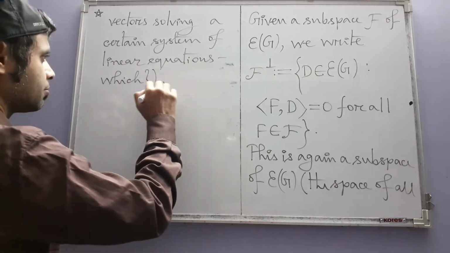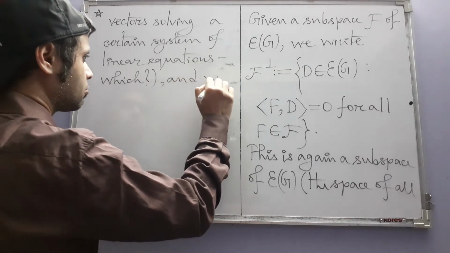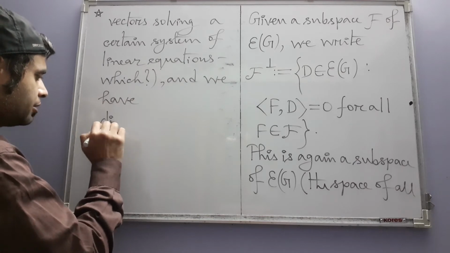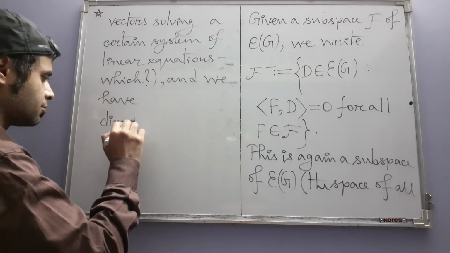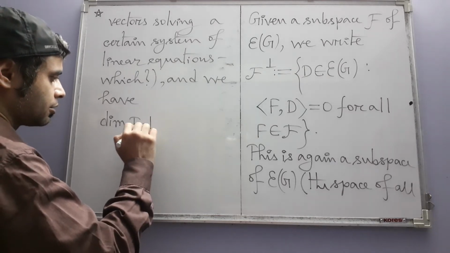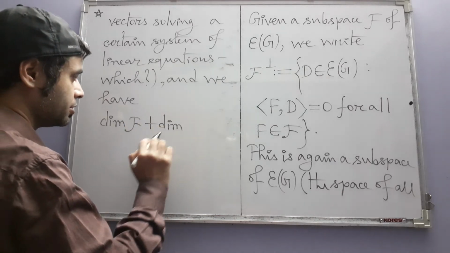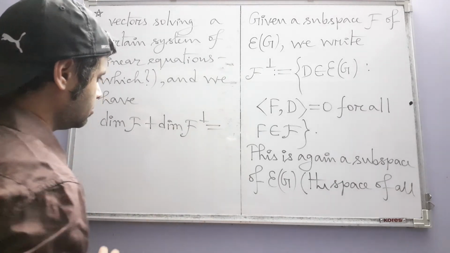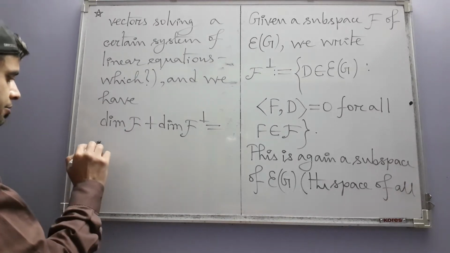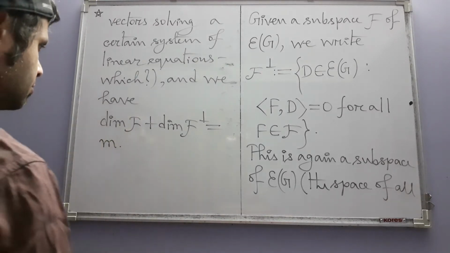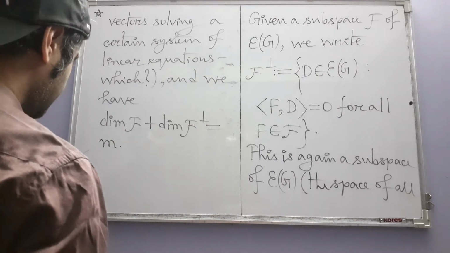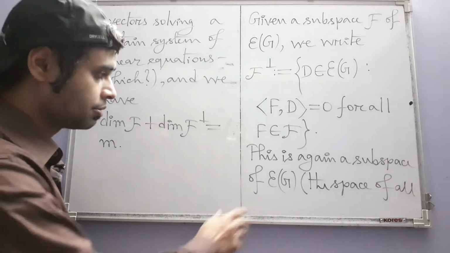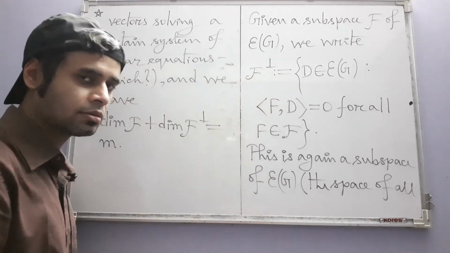And we also have this familiar thing from linear algebra. That same thing here also is true. Namely, the dimension of F plus the dimension of this thing is equal to the dimension of the edge space, that is M. Now you can in fact understand precisely what this space is, and in fact why this is a vector space in the first place.